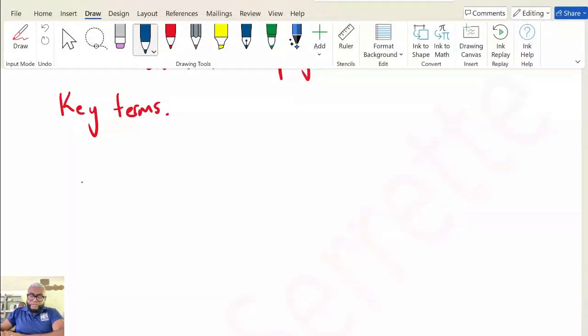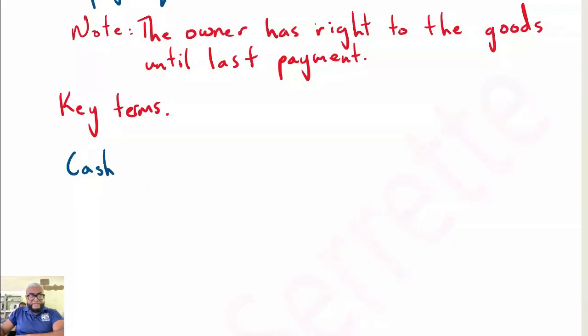Right. So cash price. Cash price is one of my key terms, right?